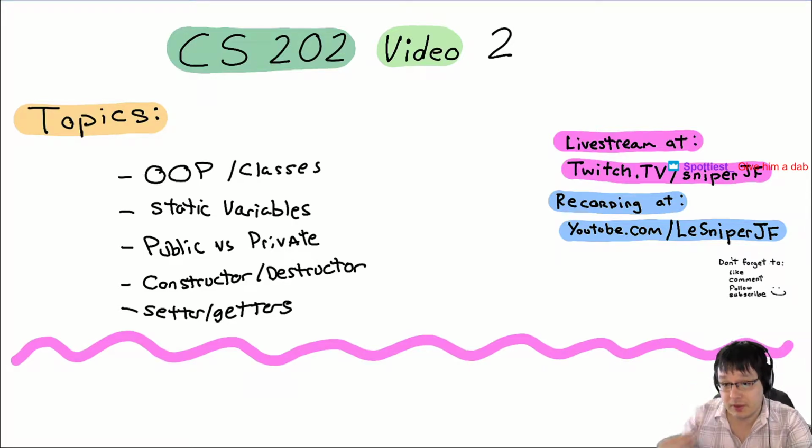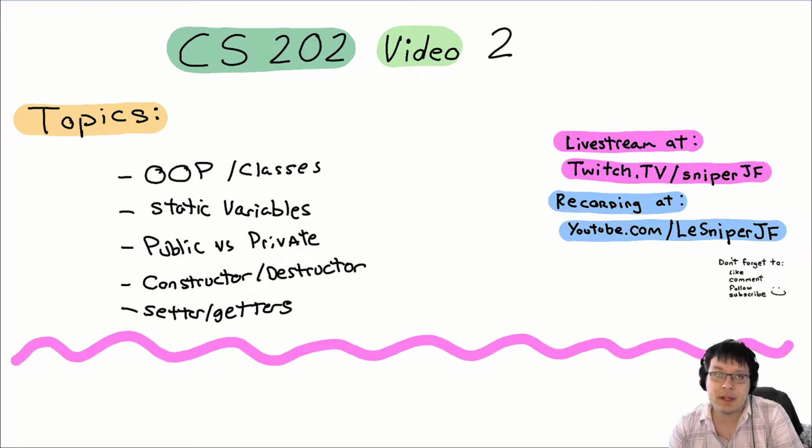Then the solution to dealing with private variables, which is using getters and setters, also known as accessors and mutators. I'll also talk about another way that you can initialize your class variables using a constructor, and a destructor, which is something that runs at the end of your class when it goes out of scope, which isn't really used yet. It will be used more when we talk about dynamic memory allocation. So we will revisit that topic, but I'll still introduce it.